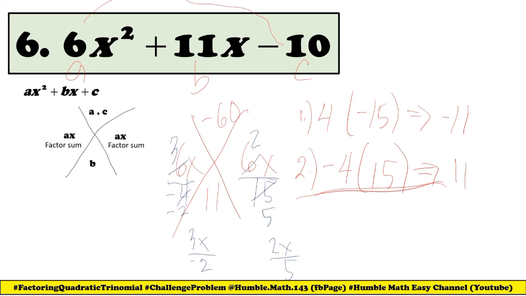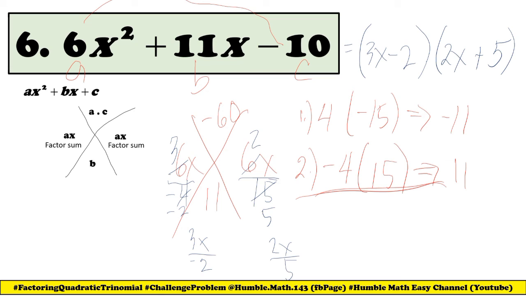Because the negative sign is one of the things wherein it triggers our factors in the given quadratic trinomial. So the first one is 3x minus 2, while the other one is 2x plus 5.